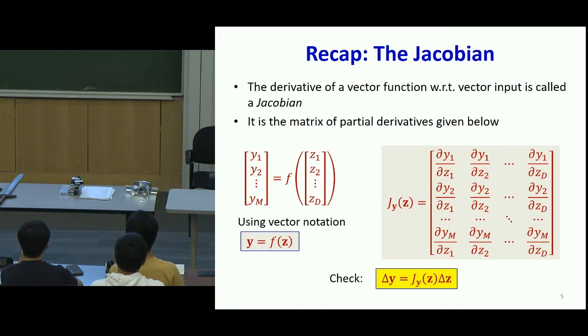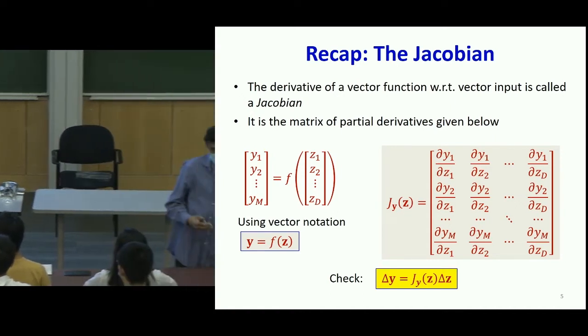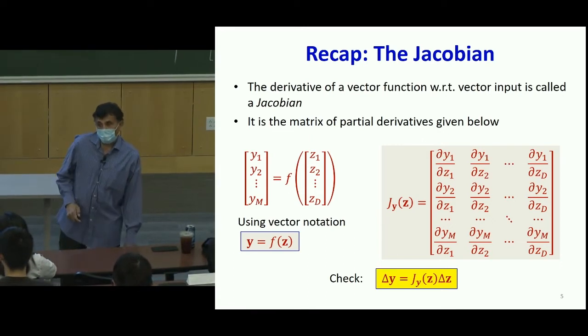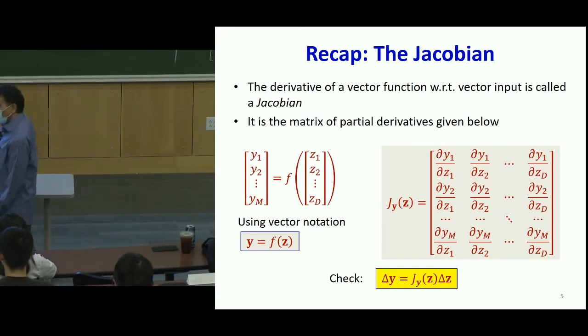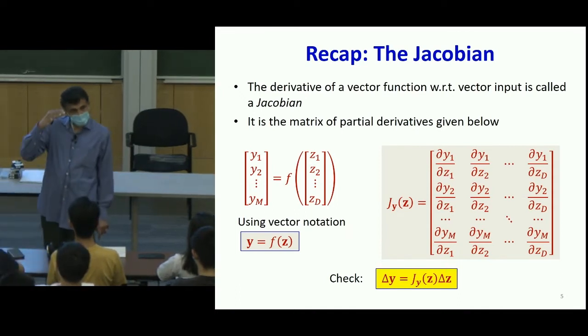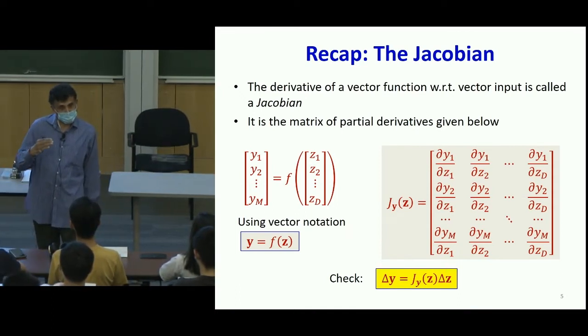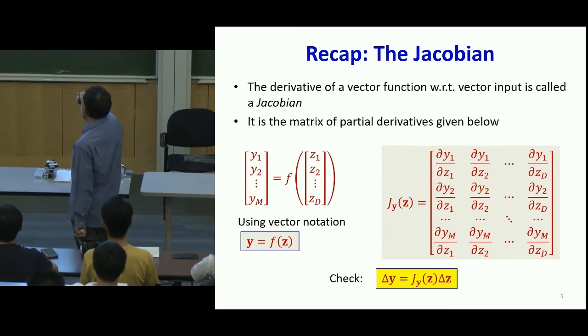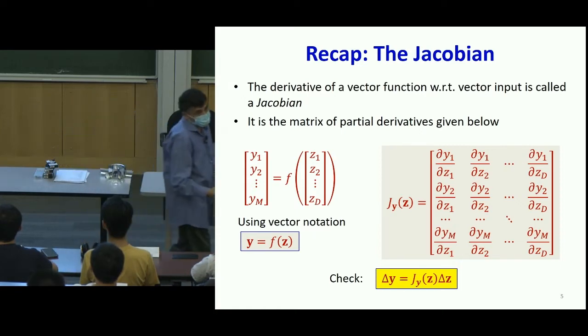The vector y is just a vertical stacking of several scalar functions, one for each y. And therefore, the derivative of this function with respect to z is simply going to be the stacking of the derivatives themselves, right? And so the ith row in this derivative is going to be the derivative of the ith y term with respect to the input.